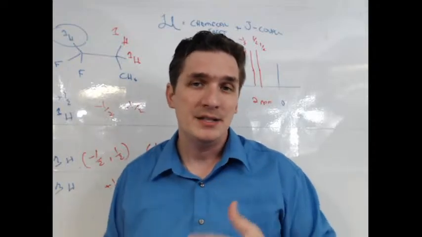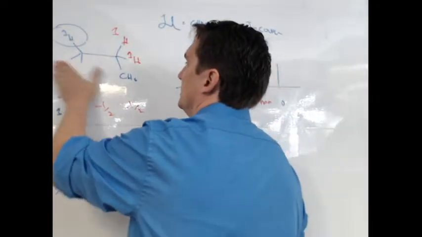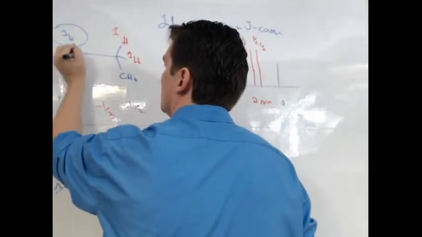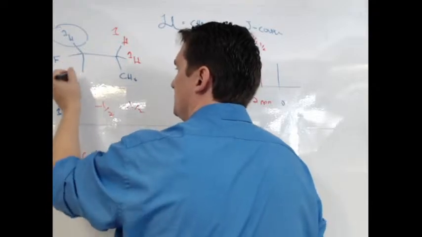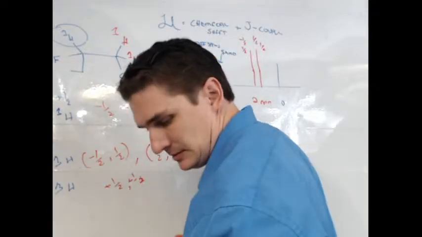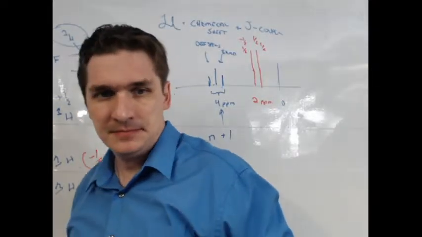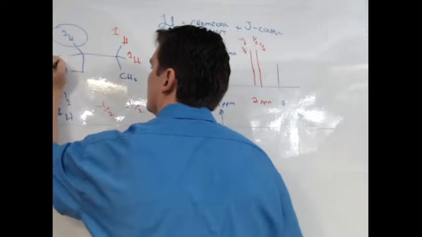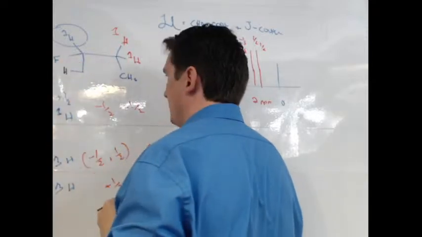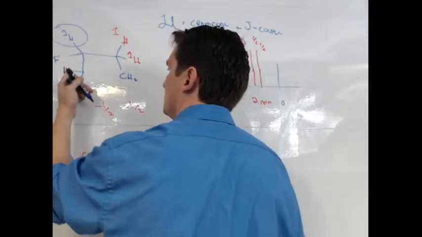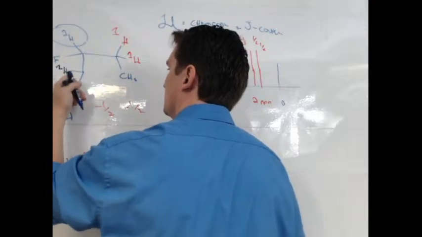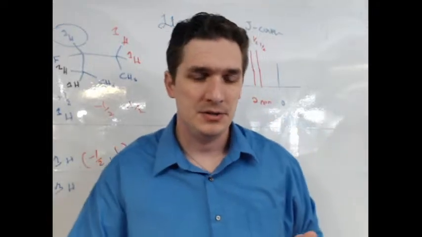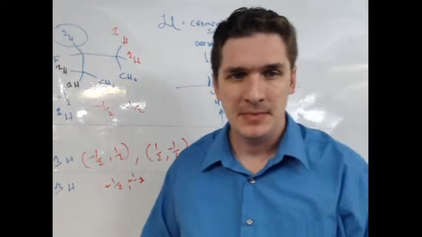Now, how does this change if we've got this hydrogen and we have, unfortunately, I think I got a little bit of life left in my black pen, 2 other hydrogens? Well, this is where it's going to get tricky.